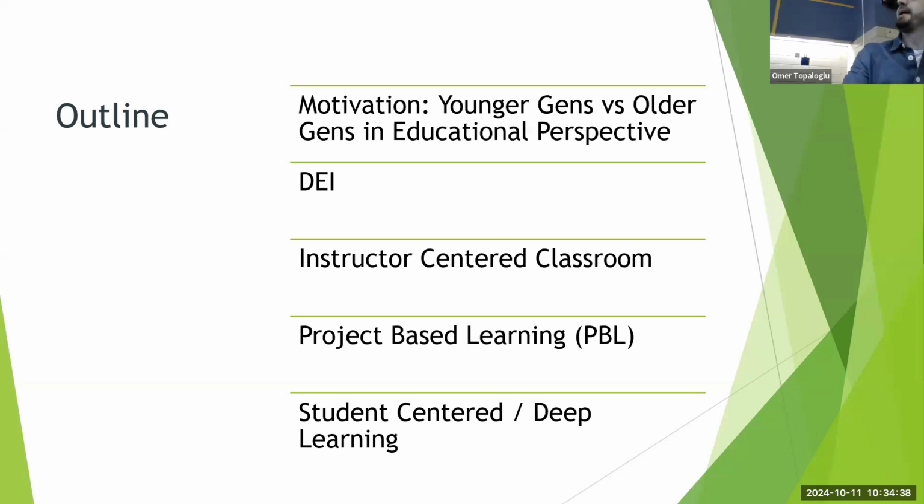Then I'll talk about DEI, because with this new system that I'm going to offer, we can make use of it to improve DEI efforts in higher education. And also, I'm going to talk about different instruction, different learning strategies, different learning methods, and I'm going to sum them up and offer a new methodology using AI.